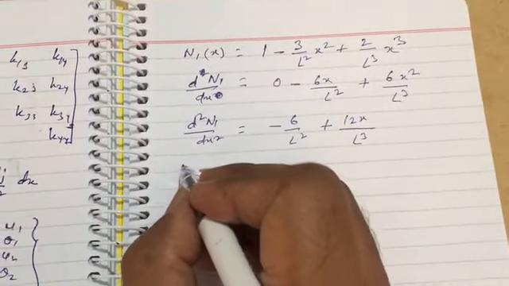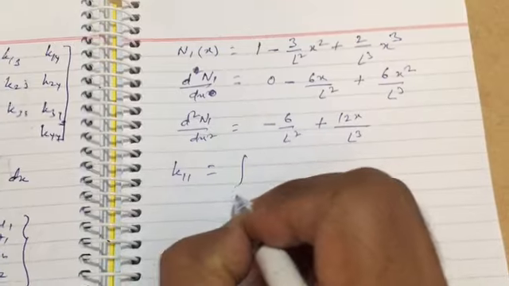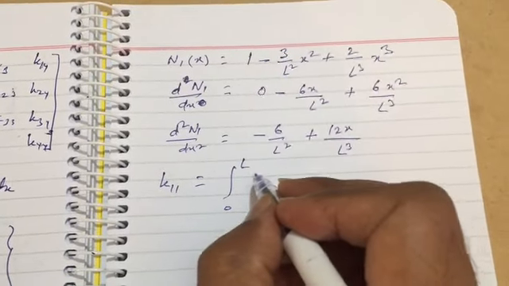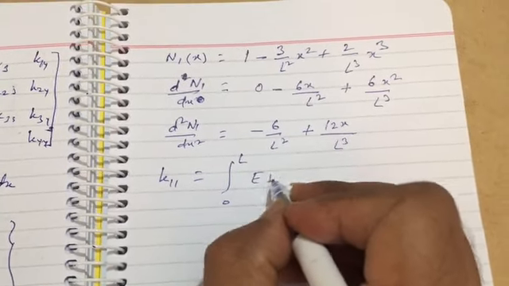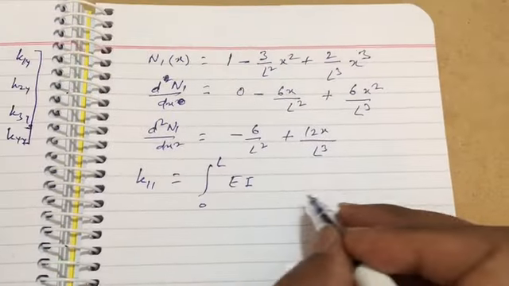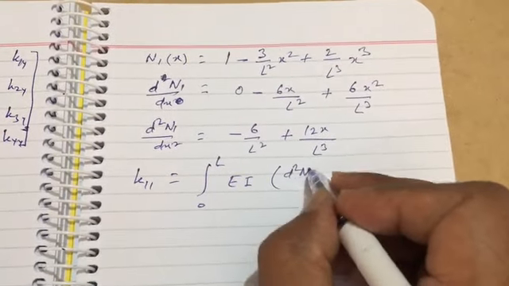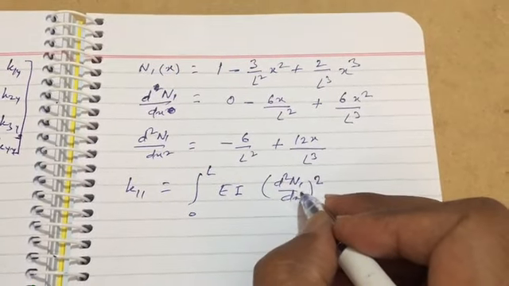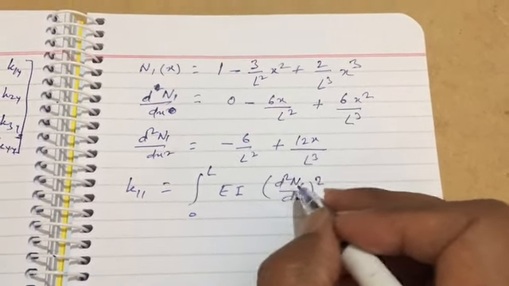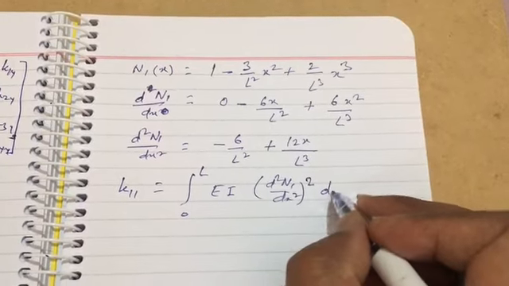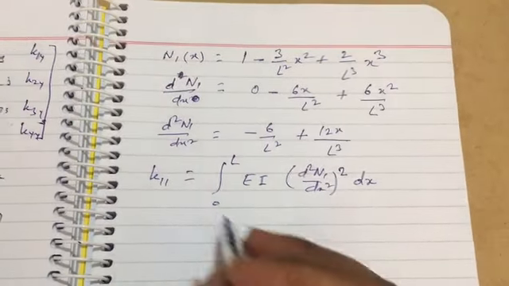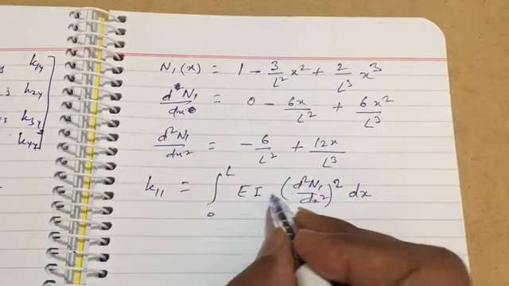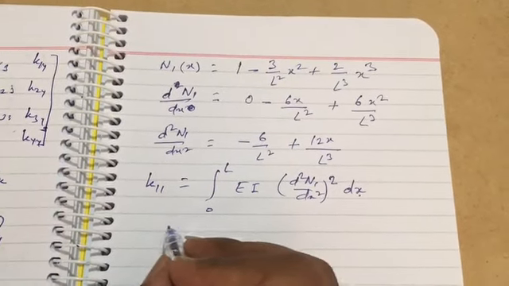Okay, so if I find k11, it will be the integral from 0 to L of EI, and we will assume EI to be constant, times d square n1 over dx square, squared, because both are the same thing multiplied, integrated over the whole domain.